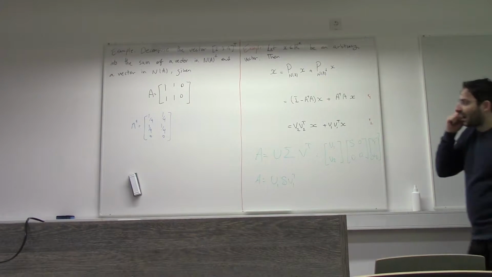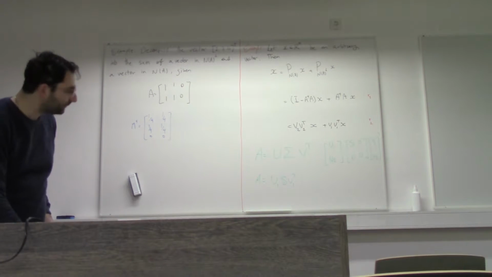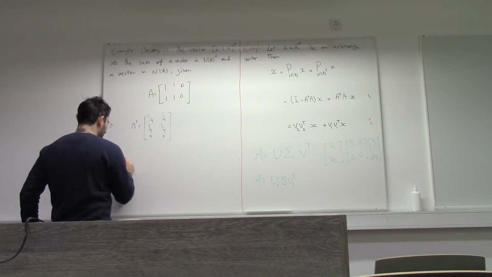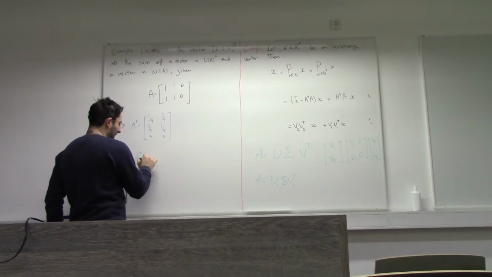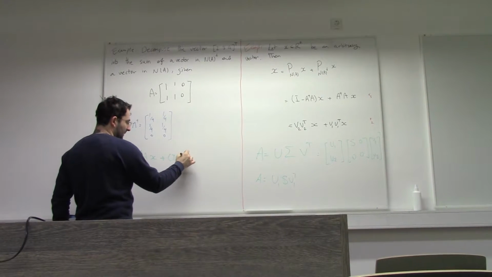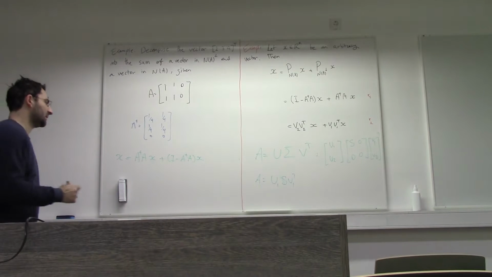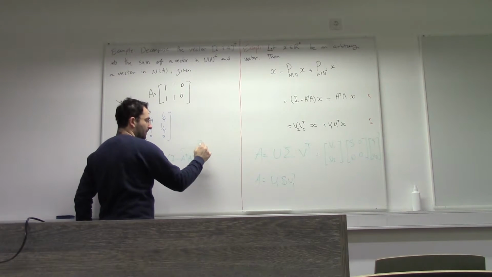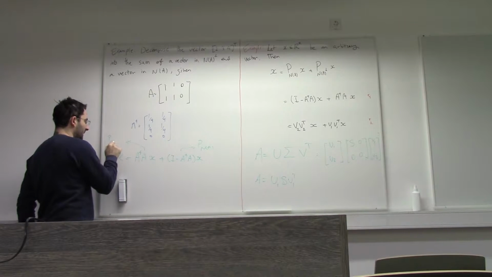So we simply do the multiplication: x is A plus A x plus (I minus A plus A) x. This is for P_N(A) orthogonal complement, and this is for P_N(A).